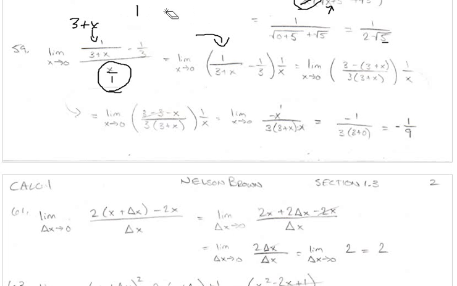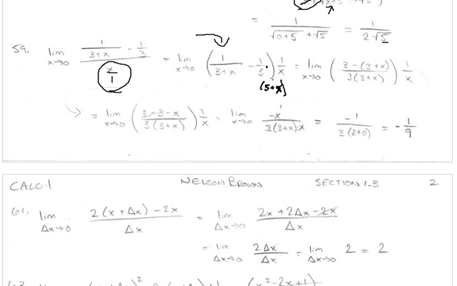Now that we have it in that form, let's try and combine these two fractions together and see if we can get any cancellations there. We see that we have two factors in the denominator, 3 plus x and 3. To combine these two fractions, we would need a factor of 3 plus x in this fraction. One way to put that factor in is to multiply the denominator by 3 plus x here.